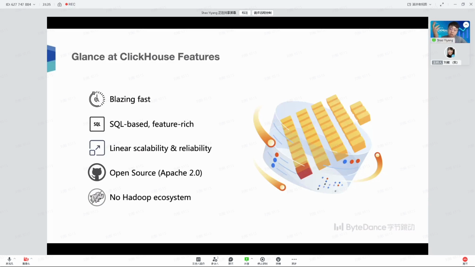Another good thing about ClickHouse is that it's open source since 2016, and it's under the Apache 2.0 license, so you can use it for free and quite flexibly. And last but not least, it does not involve any Hadoop ecosystem, so you don't need to go through the hassle of setting up the Hadoop system, and you can just use ClickHouse right away with a single binary.